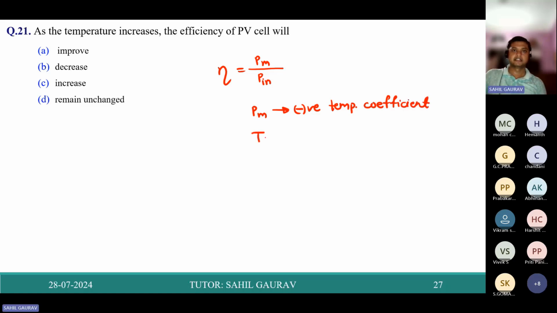So as temperature goes up, maximum power will get down, and correspondingly the efficiency will also get down. Therefore, B is the correct answer. As the temperature increases, the efficiency of PV cell will decrease.